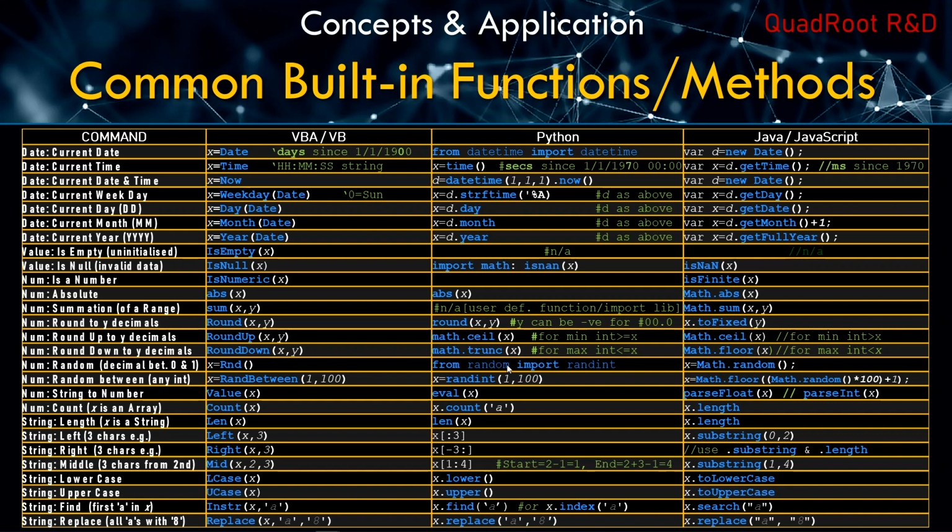In Python, you can use the random library. So from random, import randint, which is a random integer. And then you can say randint between the numbers you desire and store it in a variable. And in Java, you can use Math.random. Again, like in VBA, it generates a random number between 0 and 1.